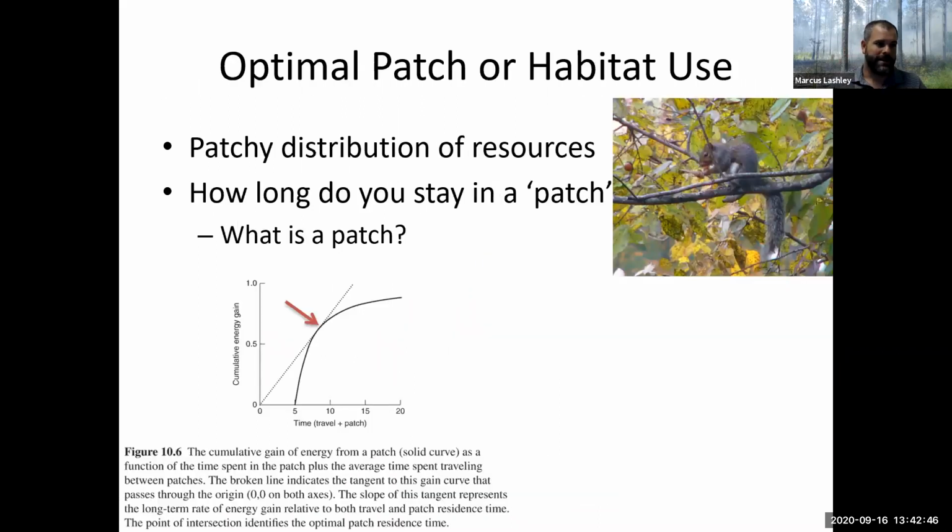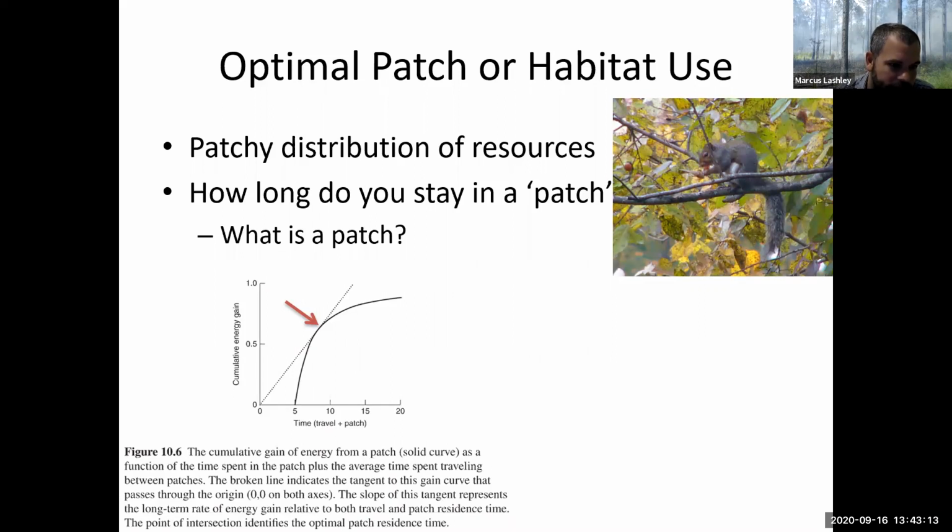So another key concept that they talk about in the book chapter quite a bit is optimal patch use. Let's think about a squirrel in an oak tree. At some point, it eats most of the acorns in that tree, and it needs to move on to another oak tree. So what we're talking about here is basically the marginal value theorem. So it's optimal patch use.